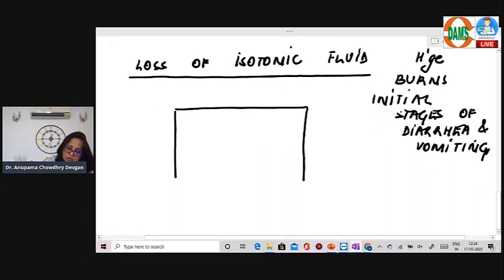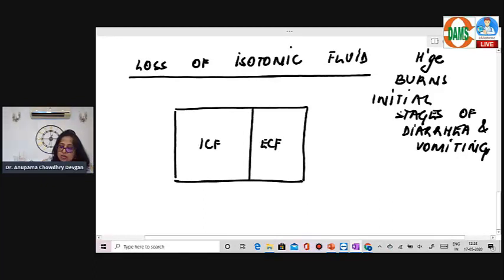Again, loss will also be first from the ECF, and ECF osmolality will determine the shift of water, right? So loss of water from the ECF will now reduce the ECF volume. The dotted line is telling you what is going to be the net change. There is no change in the osmolality. Right? So what will happen now? There is a decrease in the ECF volume.